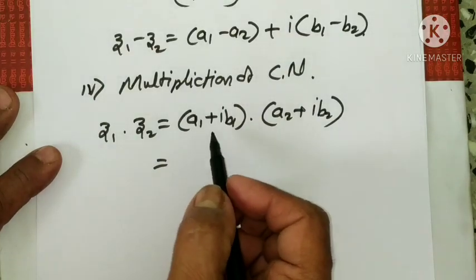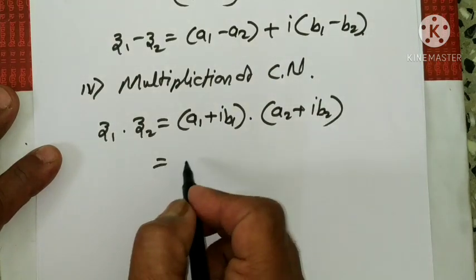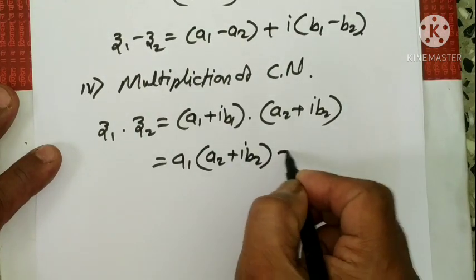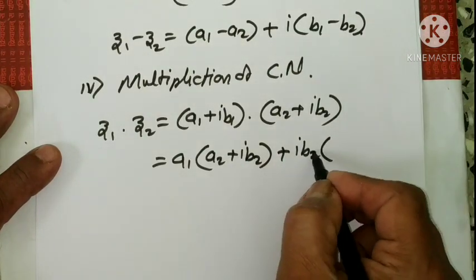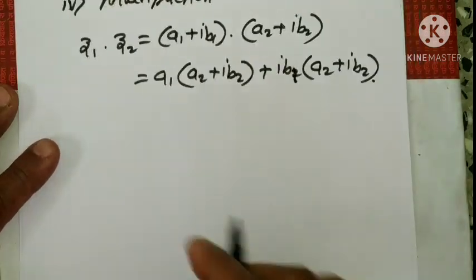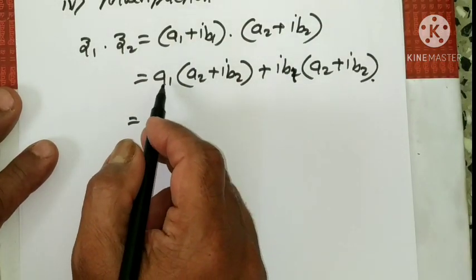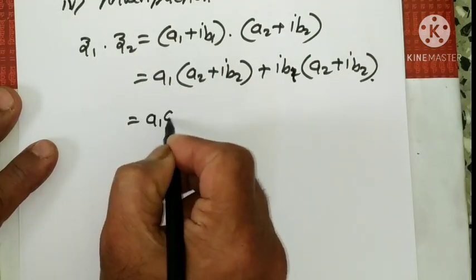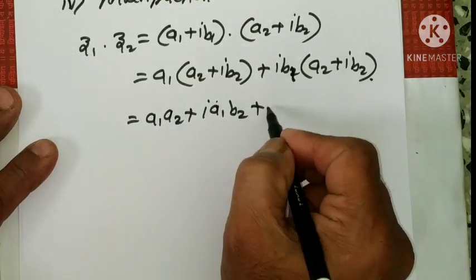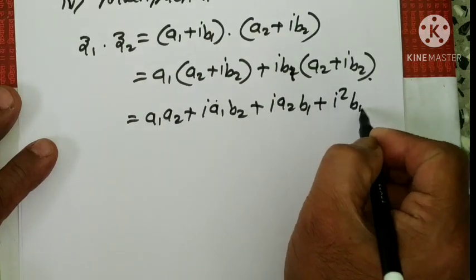First, multiply a1 to every term of the bracket: a1 into bracket a2 plus ib2, then plus ib1 into bracket a2 plus ib2. Then simplify the bracket by multiplying: a1 a2 plus i a1 b2 plus i a2 b1 plus i square b1 b2.